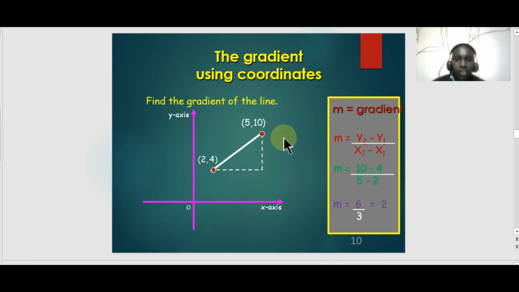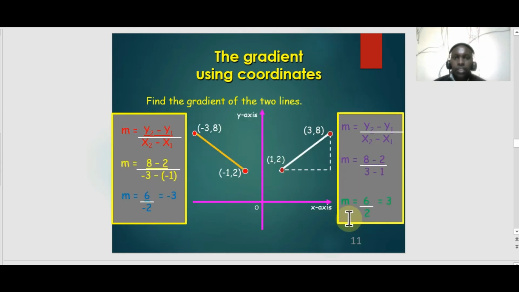Our change in y will be given by 10 minus 4. Change in x will be given by 5 minus 2. When you subtract this, you get 6 over 3. Therefore, the gradient of this line is 2.